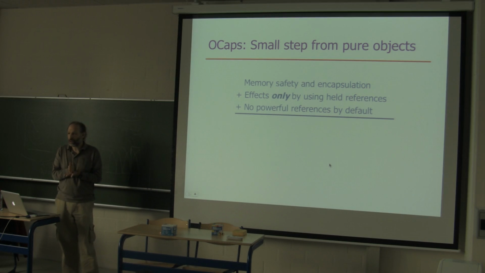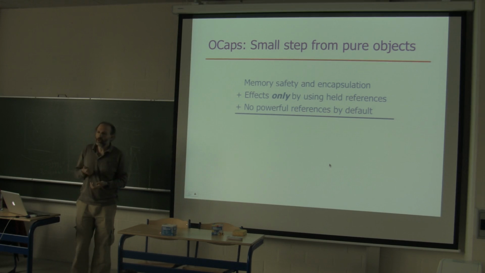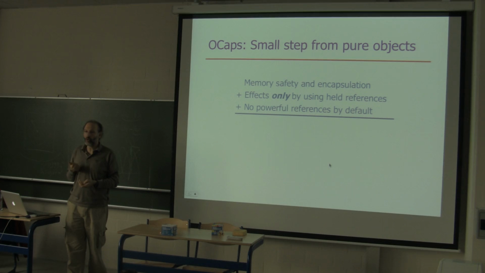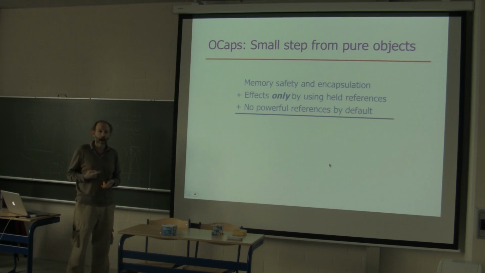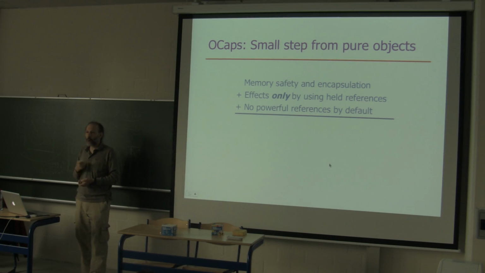To this, we need only add 2 more constraints to turn objects into object capabilities. That an object should only be able to cause effects on the world outside of itself by using references that it holds, and that an object should be given no powerful references by default.